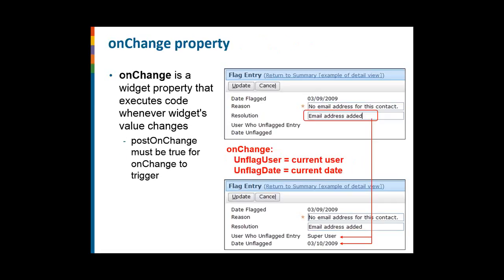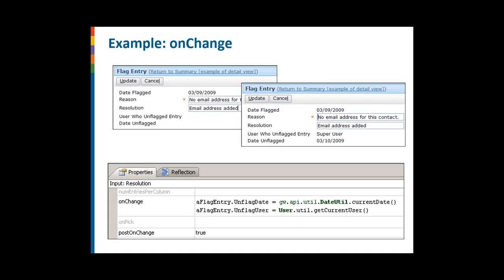So there is one property called on change. If you make any changes in the field, and you want to display the current date and current time, how can we do that? We will see on change of resolution. There is a field called resolution. Once the user enters some text, it is changed from the previous state.